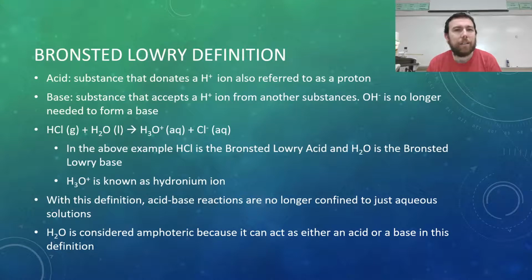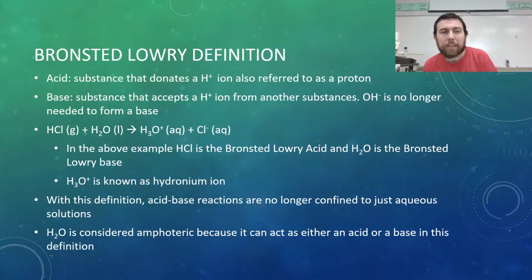An acid, according to this definition, is a substance that donates a H plus ion in solution. The donated H plus ion can also be referred to as a proton. So an acid, using the Bronsted Lowry definition, is a substance that donates H plus ions.